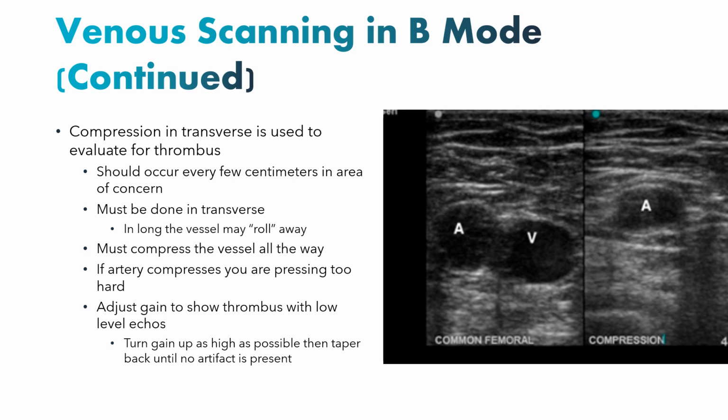So in this example on the right, you can see here artery and vein. With compression, that vein completely disappears, indicating that there would be no thrombus in that particular area of the vein. Again, this should be completed every 1 to 2 centimeters as you progress down a vein to determine if there is any thrombus or areas of concern. You must compress it all the way.